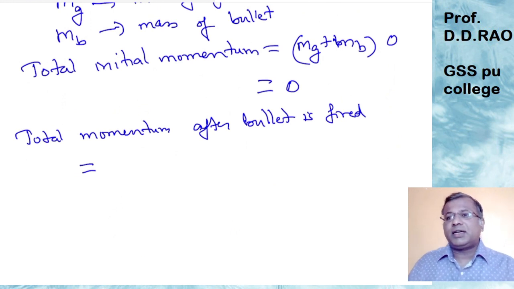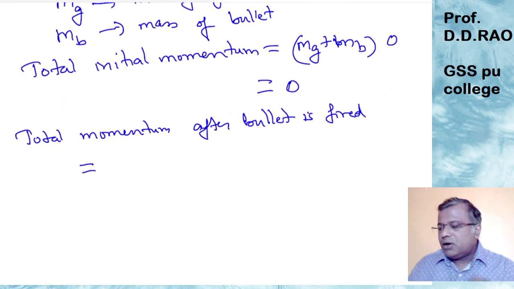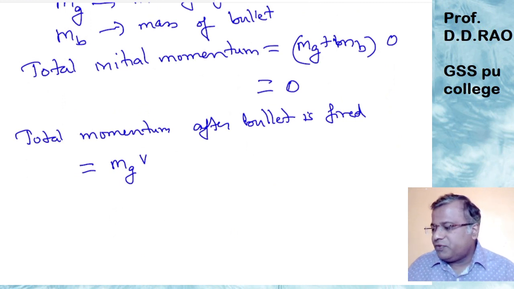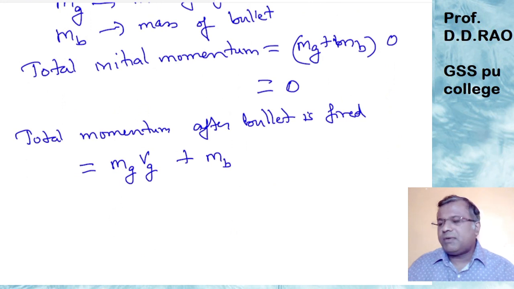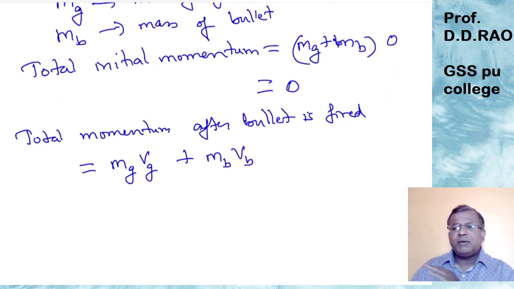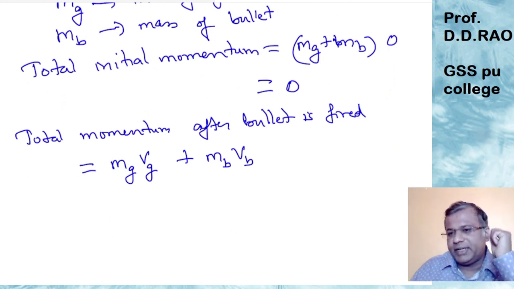The gun will recoil. The velocity with which the gun hits back is called the recoil velocity. The bullet goes in the forward direction. Here, mg is the mass of the gun, vg is the velocity of the gun, mb is the mass of the bullet, vb is the velocity of the bullet. This is the momentum after the firing.